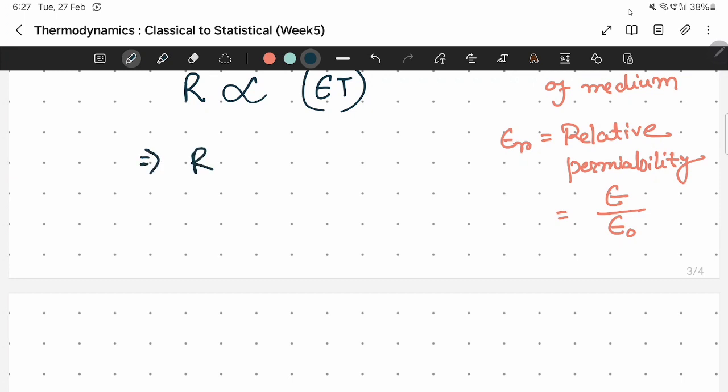Let's check the right term. Yes, not permeability, it's permittivity.